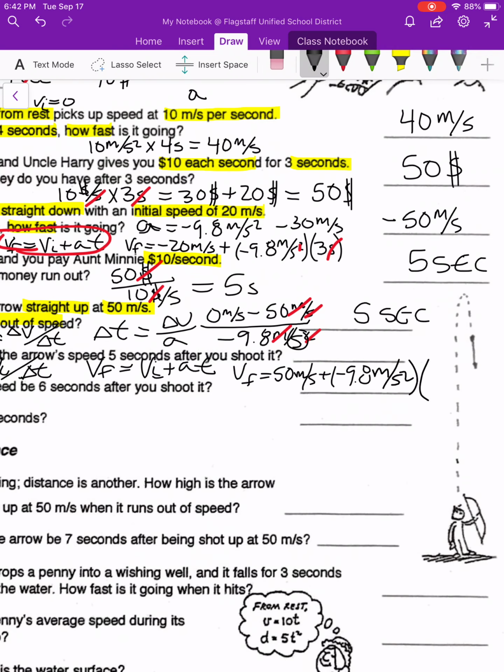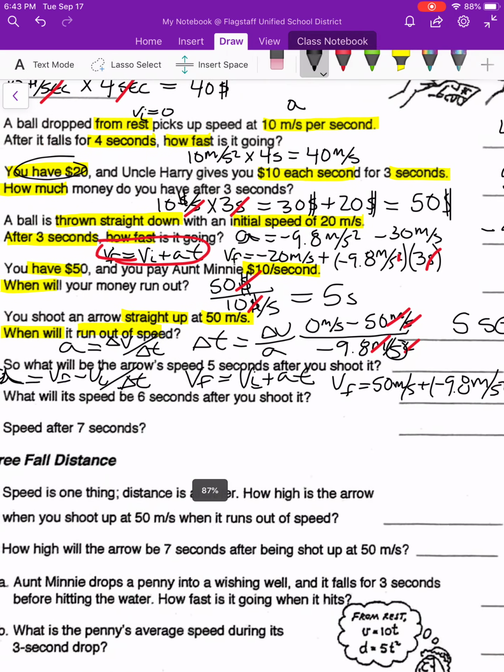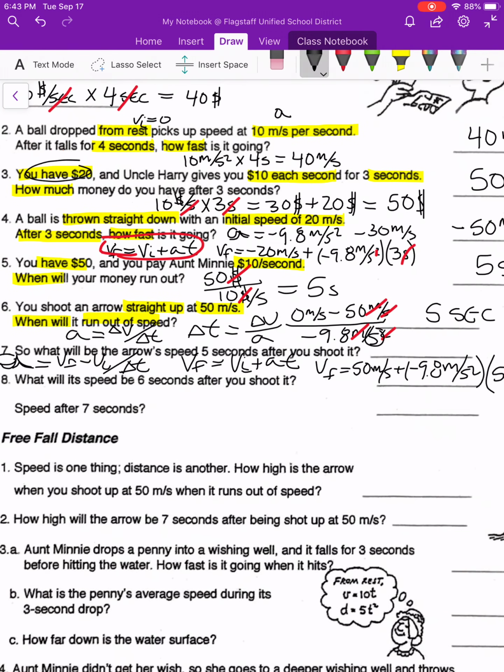And we want to know where it'll be after 5 seconds, right? Okay, so its speed will be about 1 meter per second. Okay, hopefully you've done that on your calculator and that checks out.